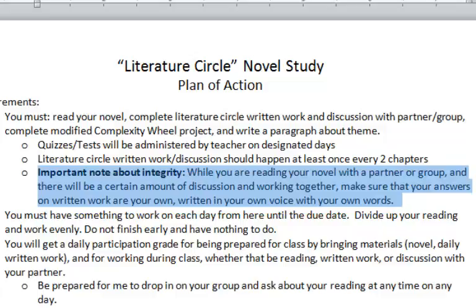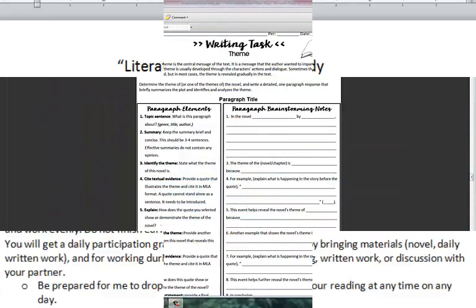You can talk about it, you can discuss it, but when it comes to actually writing down your answers, they should be in your own words. Okay, if they are not, that would be considered cheating. Okay, it's one thing to be reading a novel together and discussing it. It's another thing to be sharing answers, word for word with each other.